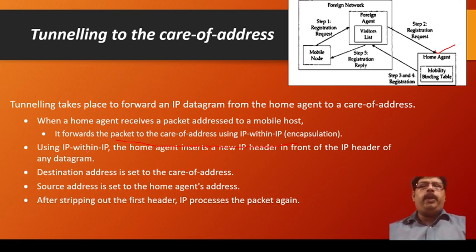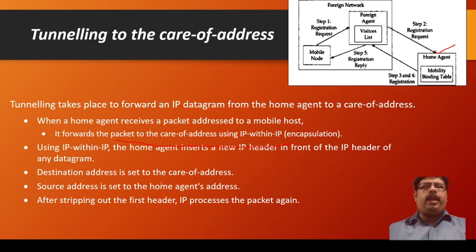Previously, when the packet is sent from the corresponding node, it will have a source address of the IP address of the corresponding node, and the destination address will be the address of the mobile node assigned by the home agent, meaning the home agent will be the destination address, and from there it will be directed to the mobile node address. Now the destination address is changed.